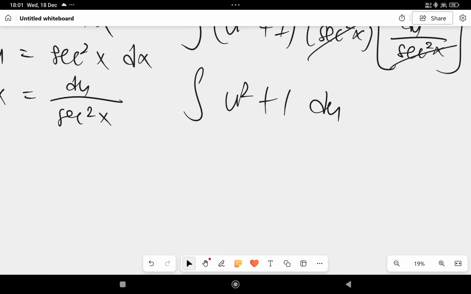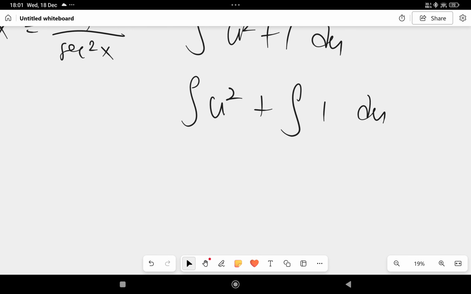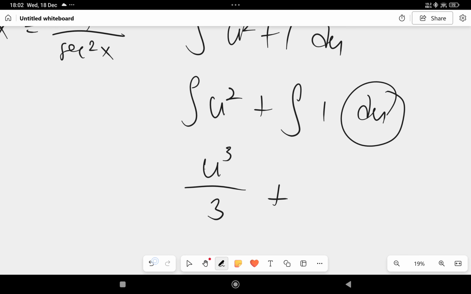So how are we supposed to continue? Well, we can separate it and use the inverse power rule, because we have the variable u, not trigonometric functions. Integrating u squared gives u to the power of 3 divided by 3, plus integrating 1 gives u, not x, because we're in the u world.